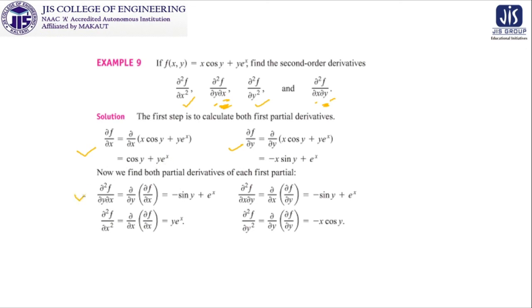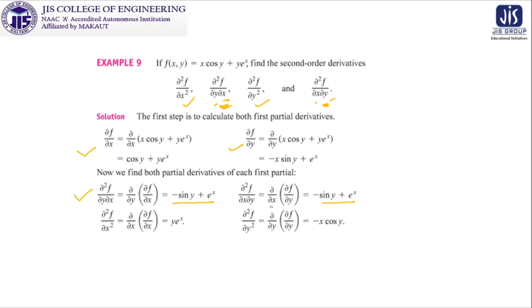So del 2f del y del x is this, and del 2f del x del y is again this. Look at this: here we are differentiating partially with respect to x first, then with respect to y. But here we are differentiating partially with respect to y first, then with respect to x.